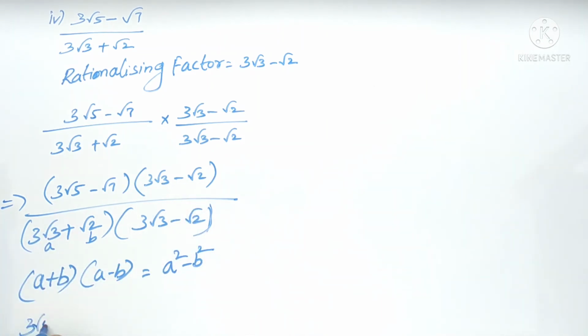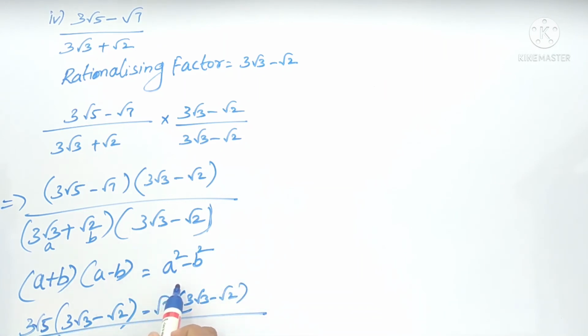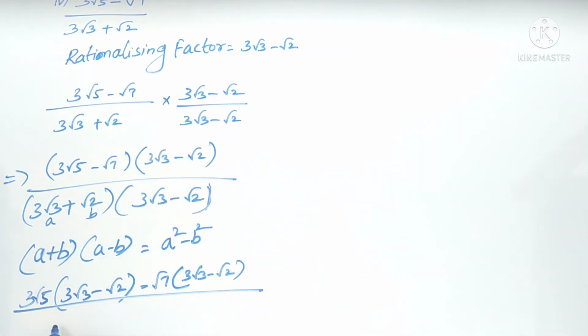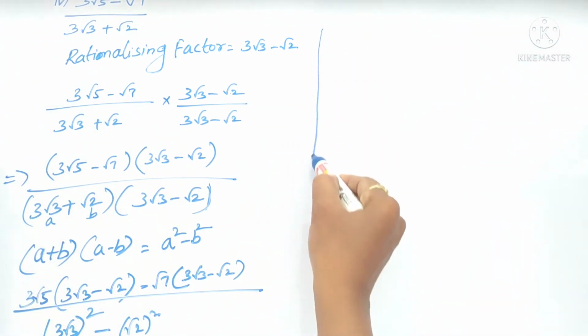So 3 root 5 into 3 root 3 minus root 2 minus root 7 into 3 root 3 minus root 2 by, what is a square here? So here a means 3 root 3 minus b square, root 2 whole square. Now we will simplify this.